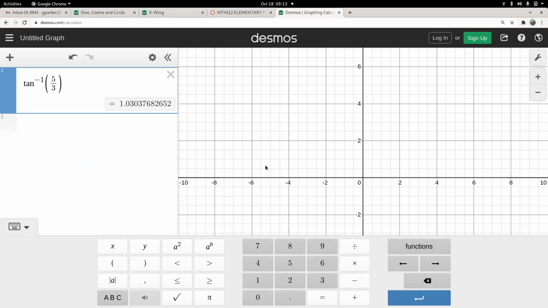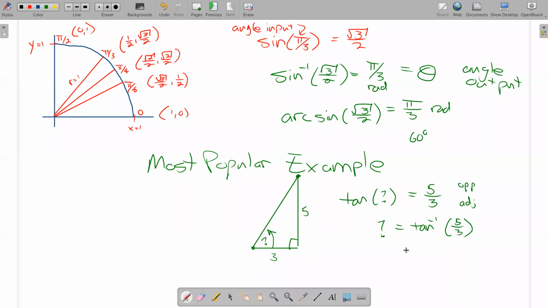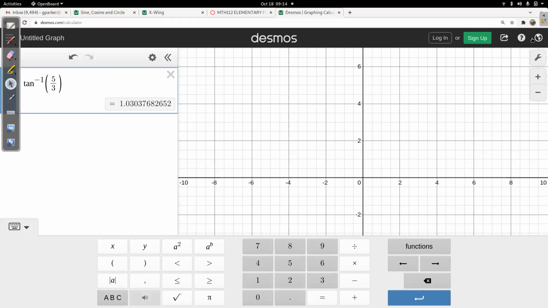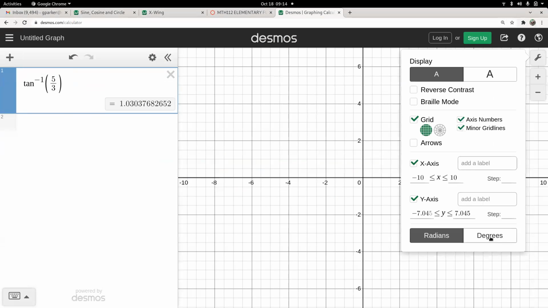And I get about 1.03-ish radians. And if we wanted that measurement in degrees, just switch our calculator mode. About 59 degrees.